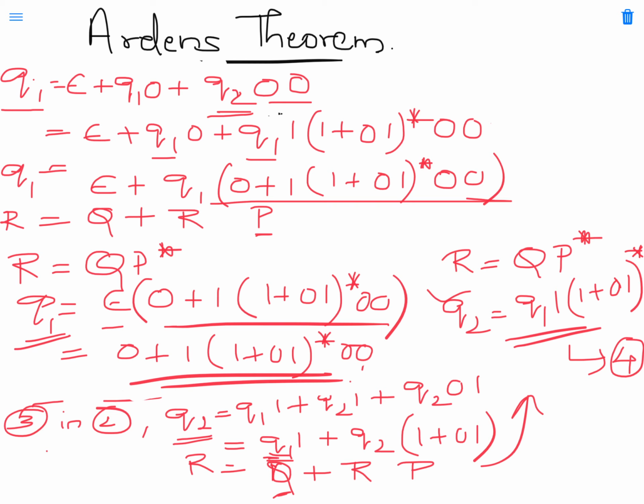In order to derive the regular expression, you need to convert the obtained expression to the form R is equal to Q plus RP, and finally if the expression is of R is equal to Q plus RP, then you can derive the expression as R is equal to QP star. So in any way, the expression obtained from the final state will be considered as the required regular expression.